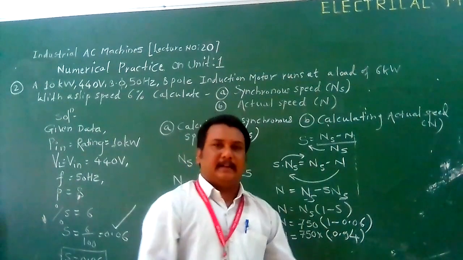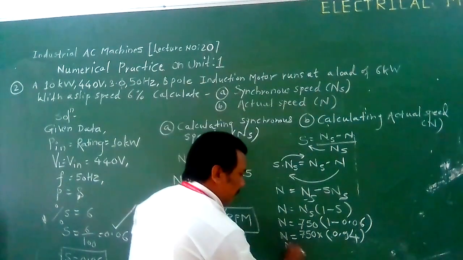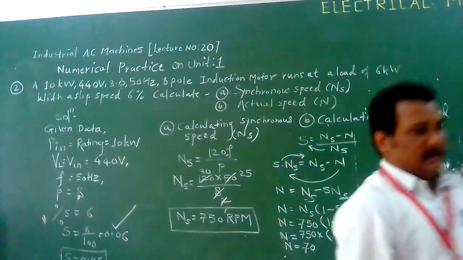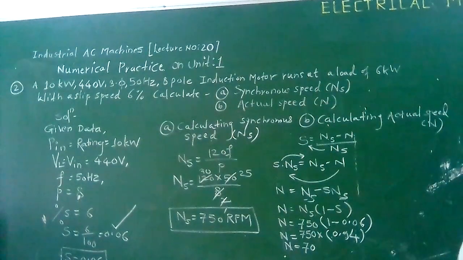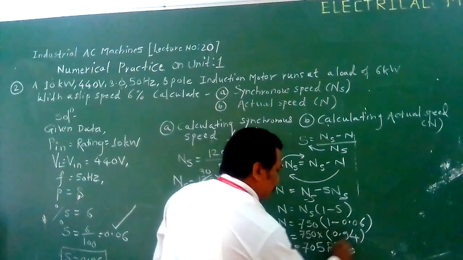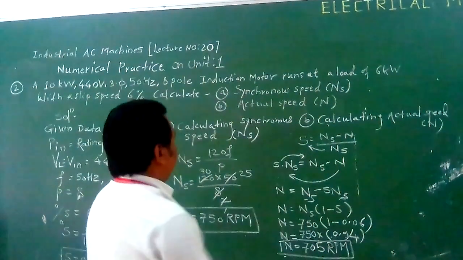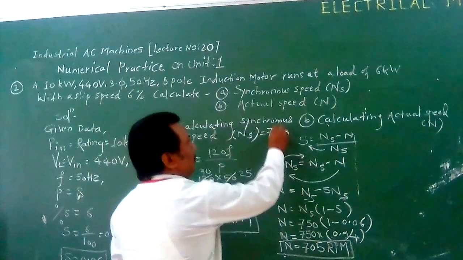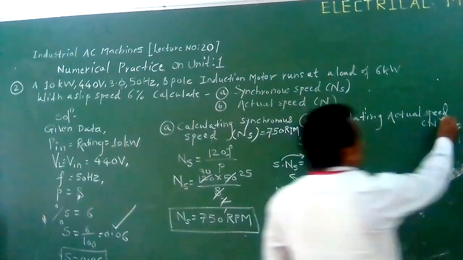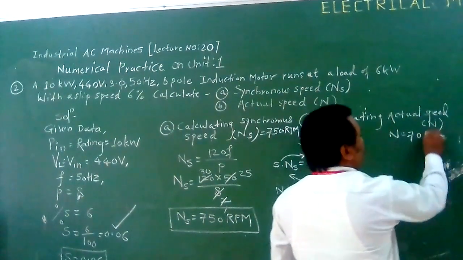Students may use a calculator here, and then n becomes, by multiplying, about 705 rpm. So in this case we have calculated ns as 750 rpm and n as 705 rpm.